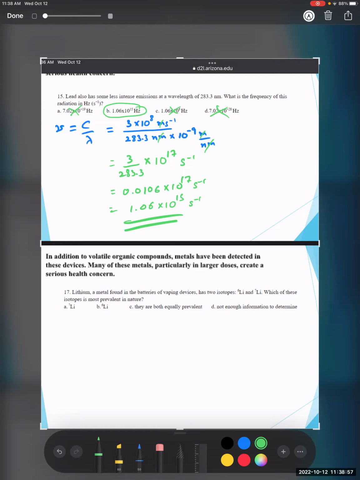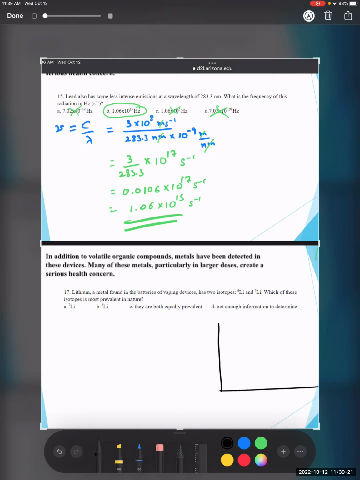Lithium, a metal found in batteries of vaping devices, has 2 isotopes. Which of these isotopes is most prevalent in nature? Now, it's not essential for this, but just to make sure that we understand: if we took a mass spectrum of lithium with only 2 isotopes, you're going to see something like this.